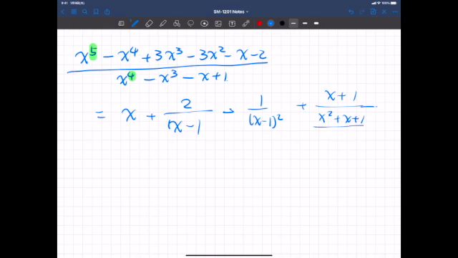Okay, remember, if you solve the quadratic form of this, the roots are complex. Okay, so we don't want that, so we leave it as this form.